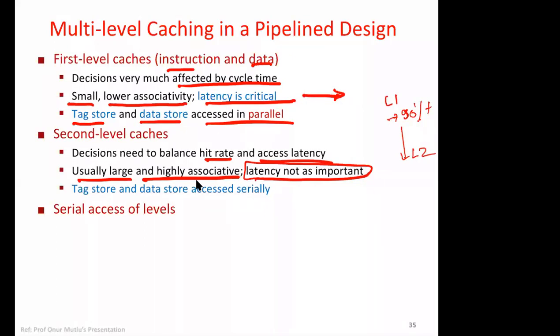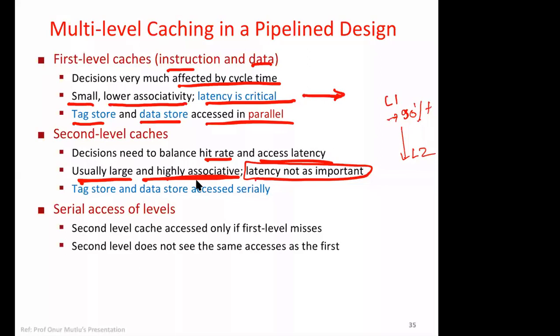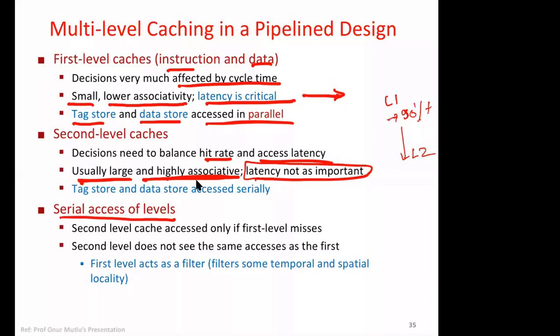These memories can be large and highly associative, because if we increase the associativity, the hit ratio becomes higher. Generally there is serial access of levels. The second level cache is accessed only on first level misses, so obviously the second level cache will not see the same accesses as the first one.